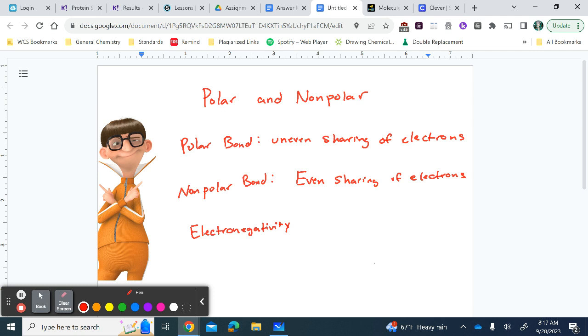The final thing we're going to discuss, this is a new topic today, is a vector. A vector is just a force in a specific direction.